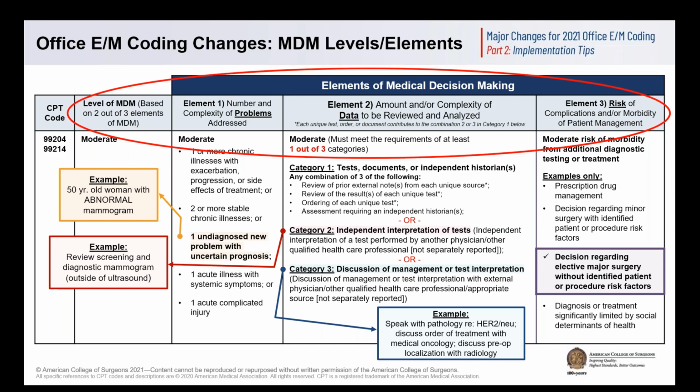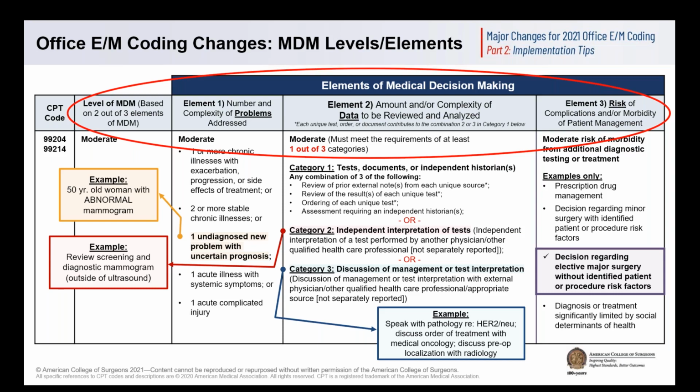You have to achieve 2 out of 3 elements to reach the level of medical decision making that you're choosing, and then you have these data elements in categories. There are 3 categories and a number of requirements within the categories that you have to meet.